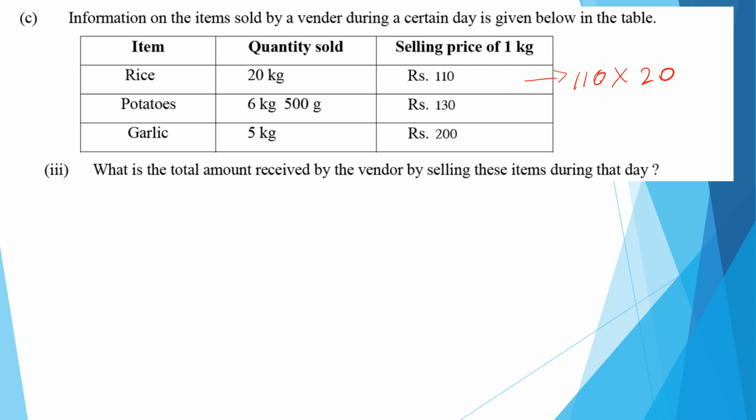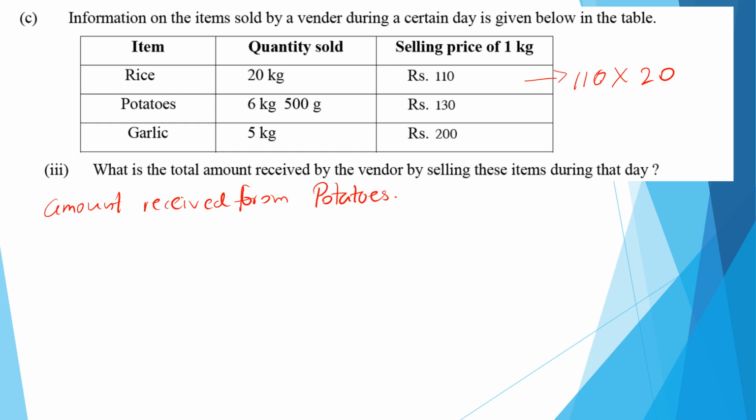Actually this is the price of 1 kilogram, right? So what about 6500? That means this is 6.5 kilograms, right? So we will find the amount received from potatoes.